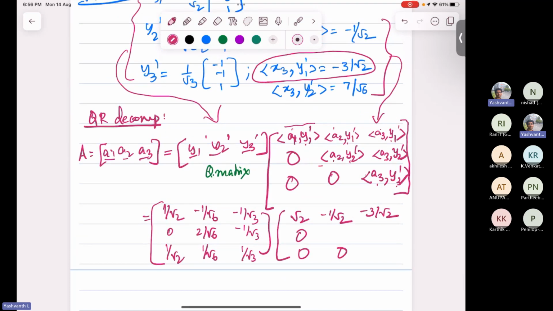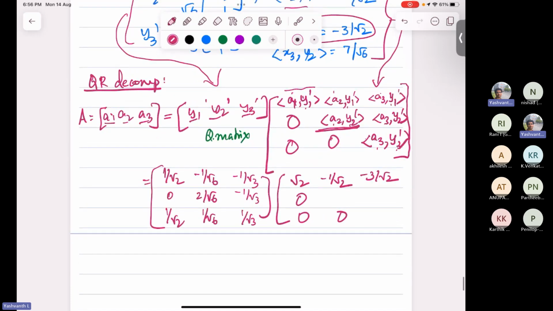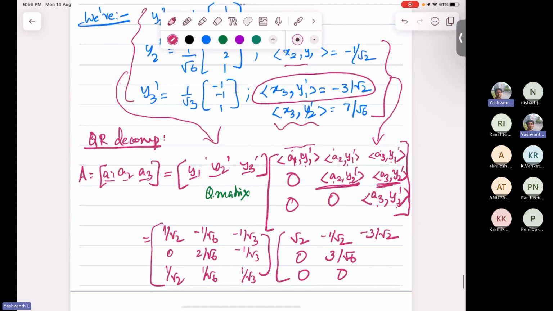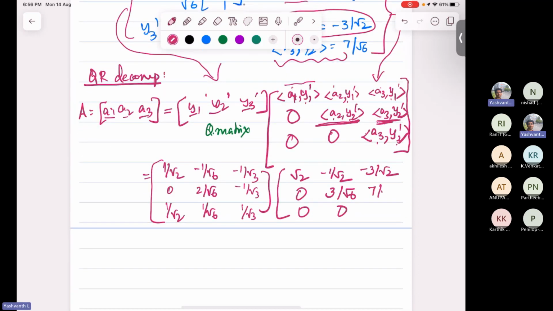The next diagonal element is the inner product of A2 and Y2 dash, which again you can compute to be 3 by root 6. Now A3 and Y2 dash inner product is same as 7 by root 6. And the last term you can compute to be 1 by root 3. Okay.